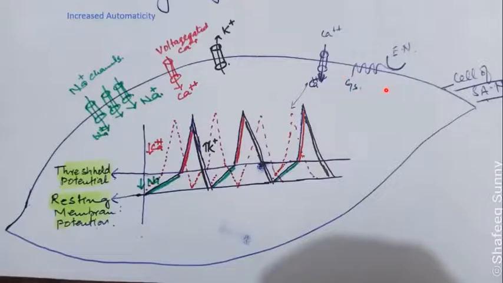On the SA node, the beta 1 adrenoreceptors are activated, which stimulates the Gs proteins, which eventually release calcium inside the cell, and additional calcium comes in.